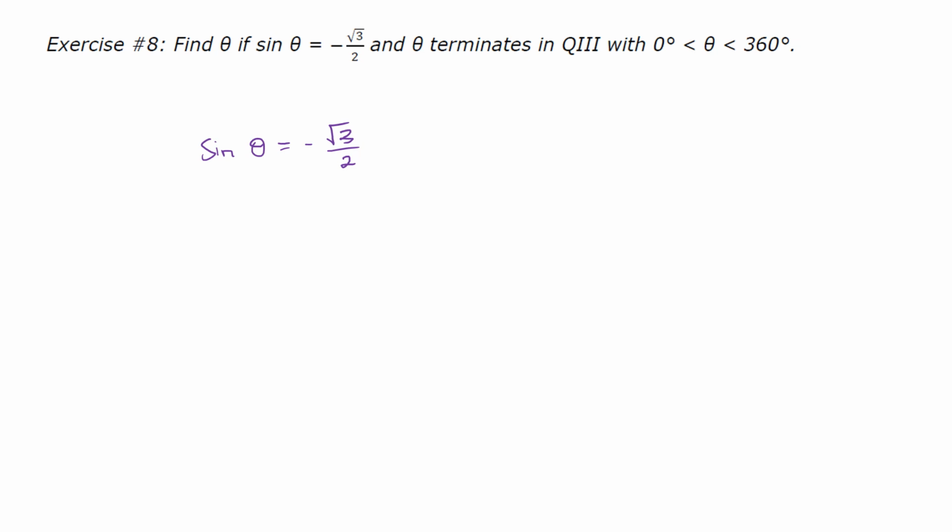Okay, so this is one of those special triangles. And we would know that the sine of 60 degrees equals the square root 3 over 2. It's from our 30, 60, 90 triangle. Okay, so that means our reference angle is 60 degrees.